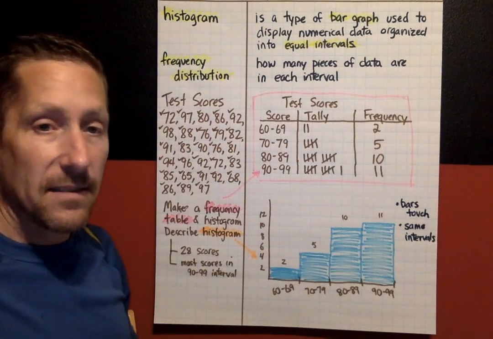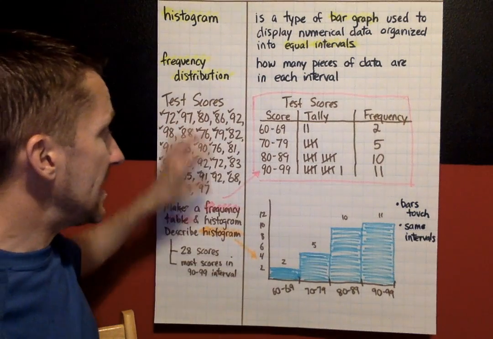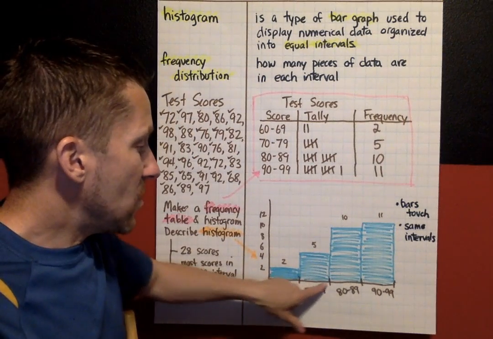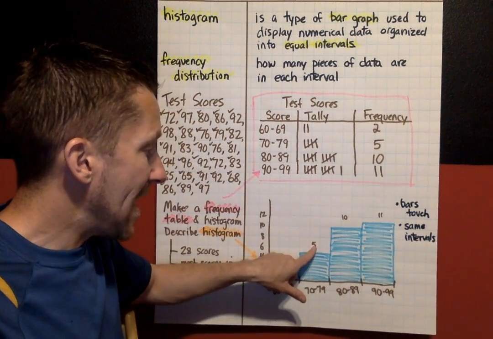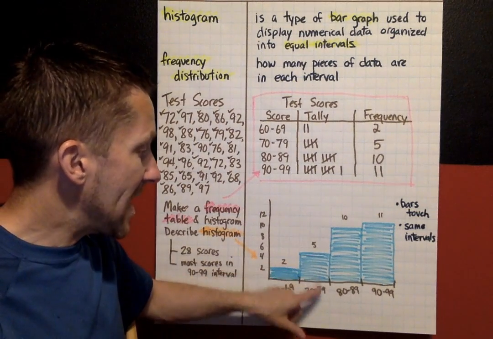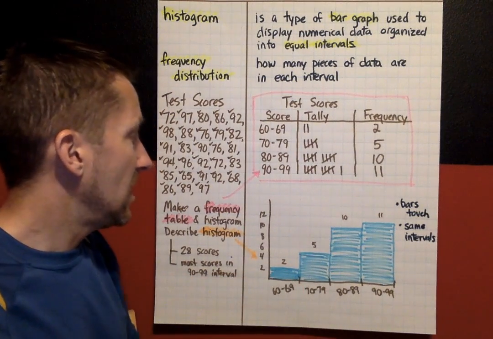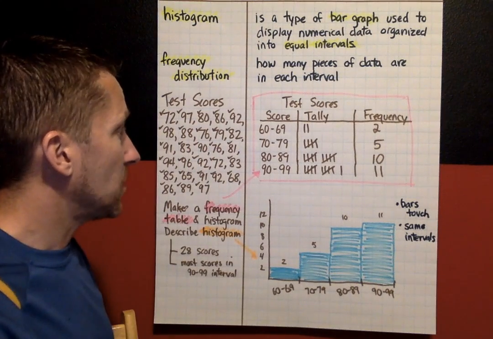Something that you can't see from just a histogram compared to the raw data is what these scores actually are. I know they're from 70 to 79 and there were 5 of them, but I don't know the actual scores. I just know that there were 5 in this interval.